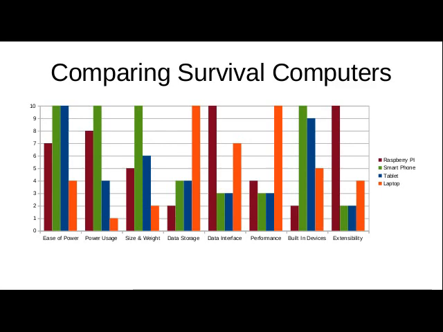So the Raspberry Pi is the worst one as far as data storage on its main drive, as far as being able to put it all in the same compact box. But the laptop has the highest one out of these, and these are the portable computer systems.